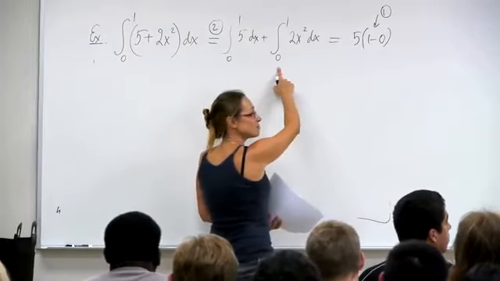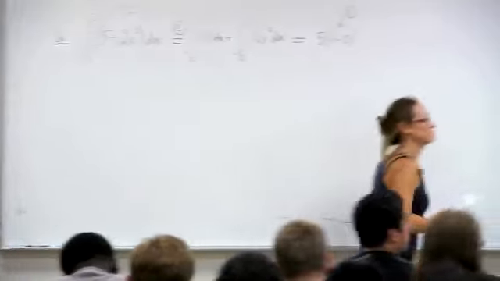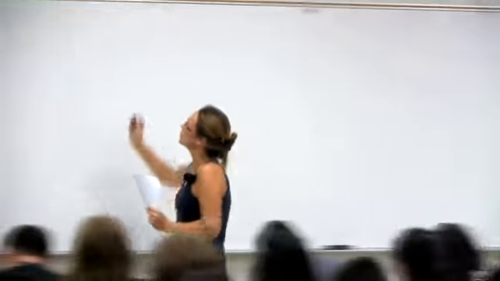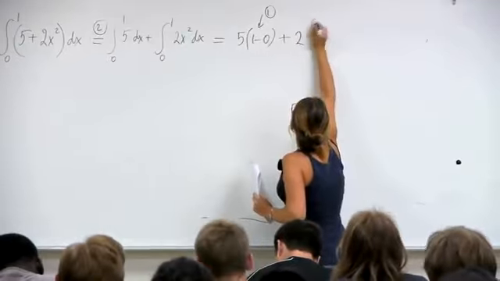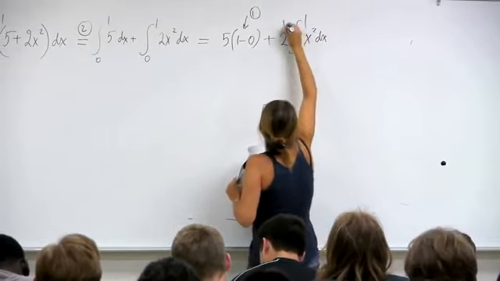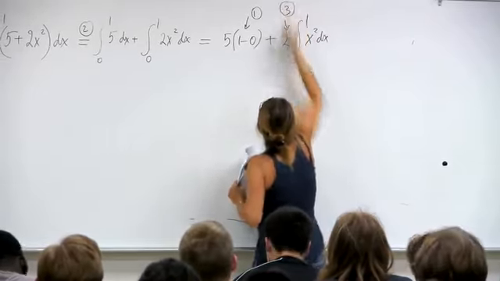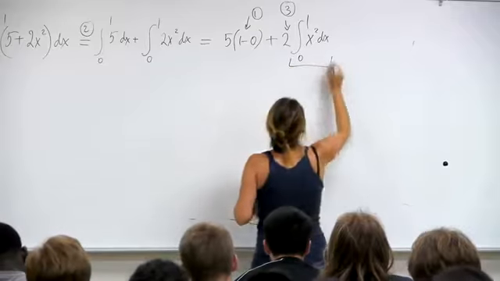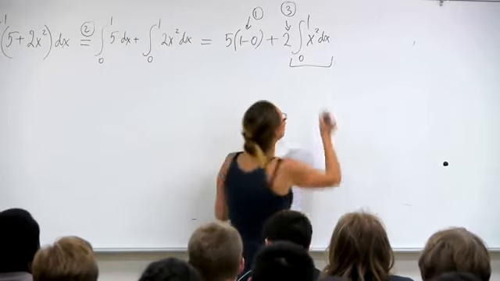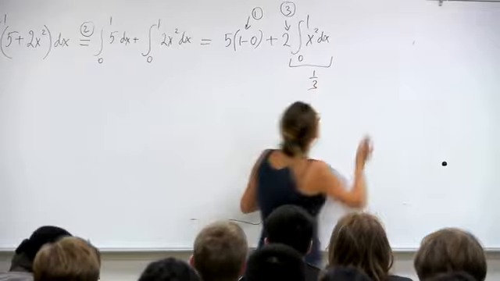Now this one, we have to look at rule number 3. We have a constant inside. 2 comes out. So we have 2. So this is rule number 3. So what's this equal to? I already asked you like 5 times today. 1/3, right?